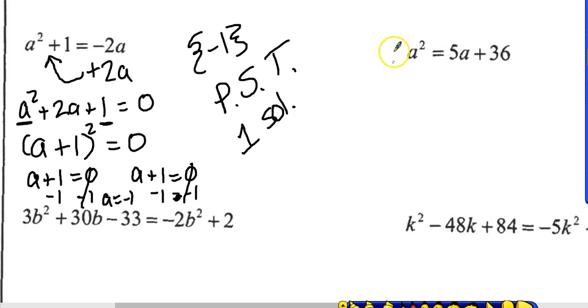All right, so you go to this other one and don't get stuck. This one's not a perfect square trinomial. You actually have to factor it.